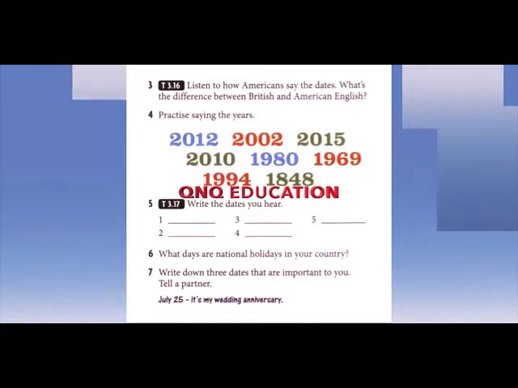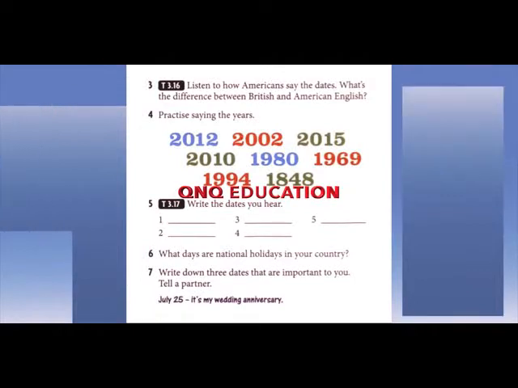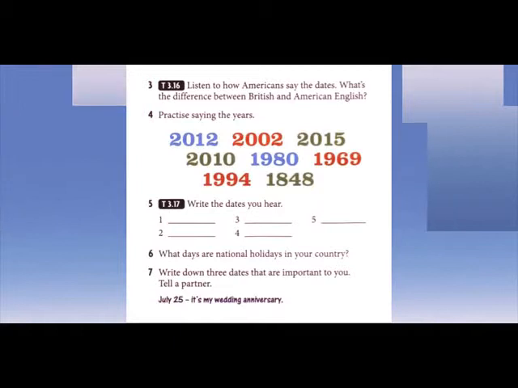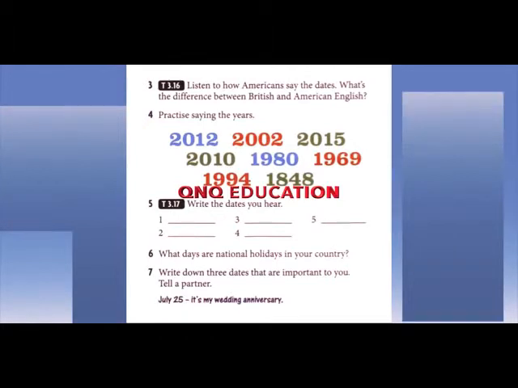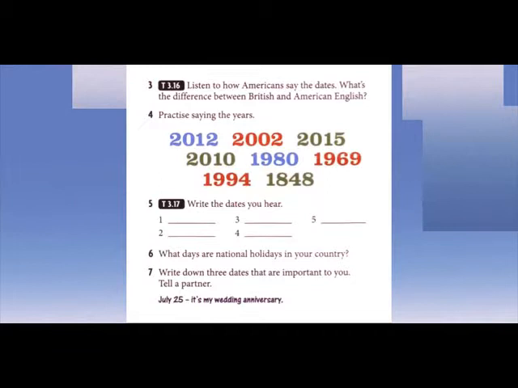Tape script 3.17. 1. When did man first land on the moon? On July the 20th, 1969. 2. When's your wedding anniversary? November the 8th. 3. When did the Berlin Wall come down?